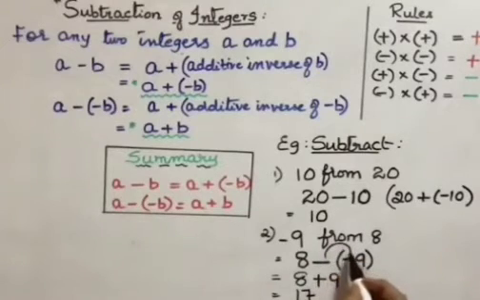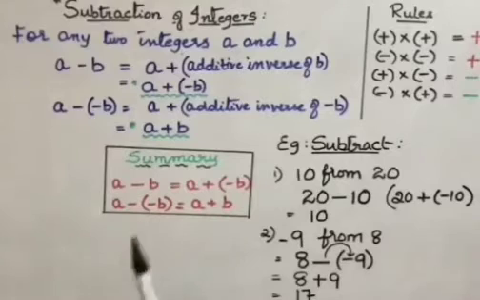So whether you use this method or that method, the result is the same. Minus into minus is plus. Or according to this, plus of additive inverse of negative 9, that is positive 9. Many children find this easy to remember. It is left to you. If you feel this method is easy, you can use that. If you find the second method easy, that also you can do. Both are the same. So 8 plus 9 is 17. Clear? One more.